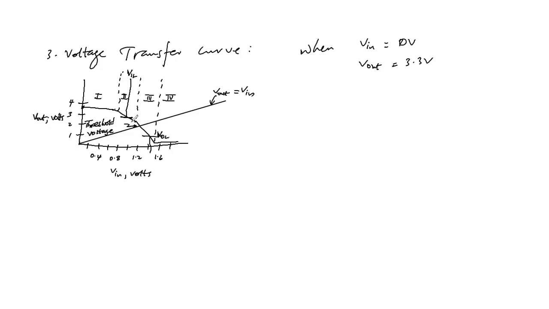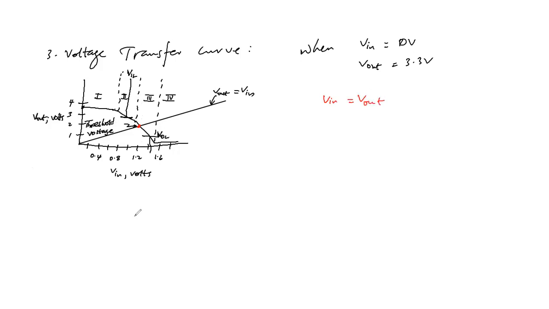Now the threshold voltage, which is at this point of intersection, is the voltage on the transfer curve at which V in is the same as V out.